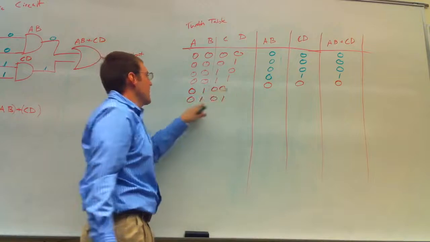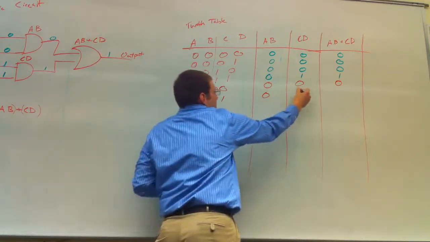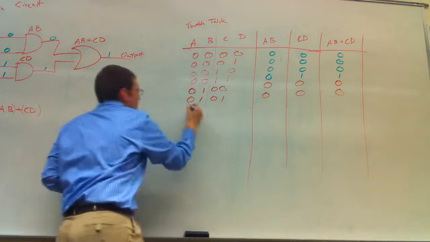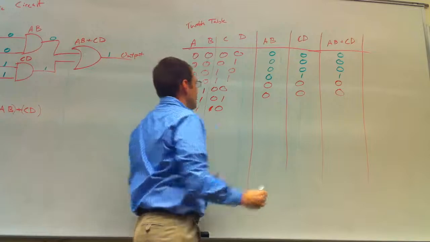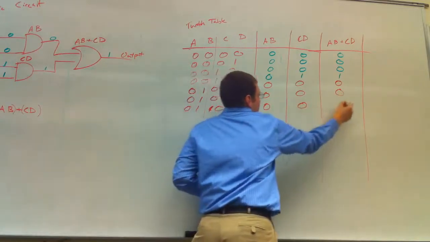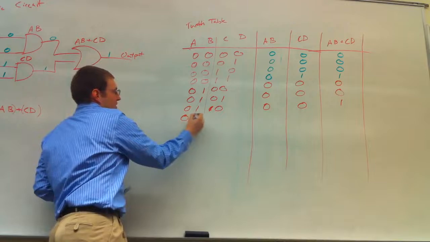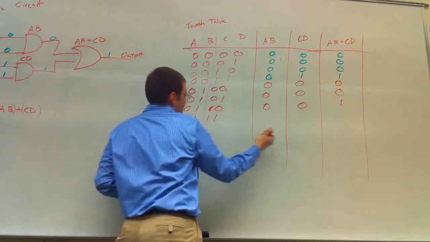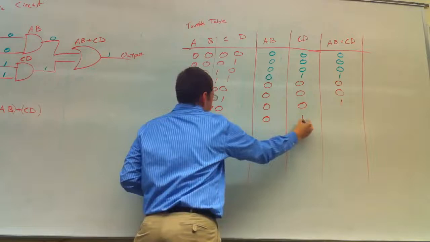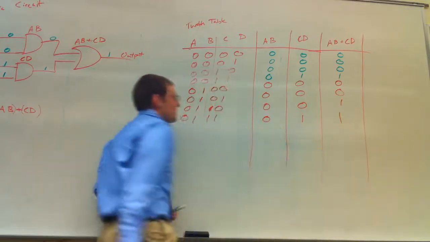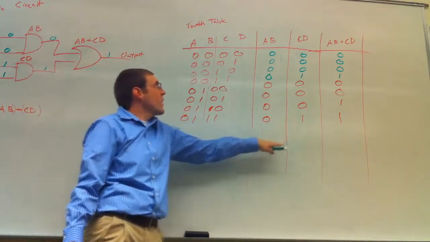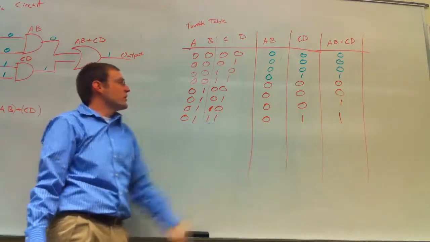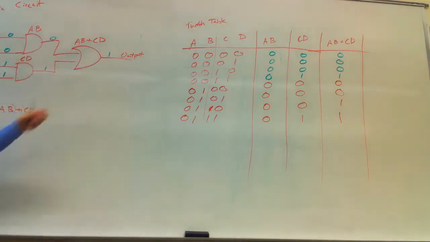Same with these. 1 ANDed with 0, still 0. Here we see 0, 0, 1. So here we got 1 and 1. So you get 1. Basically, anytime the C and D output is 1, or the A and B output is 1, my output is going to be 1 as well.